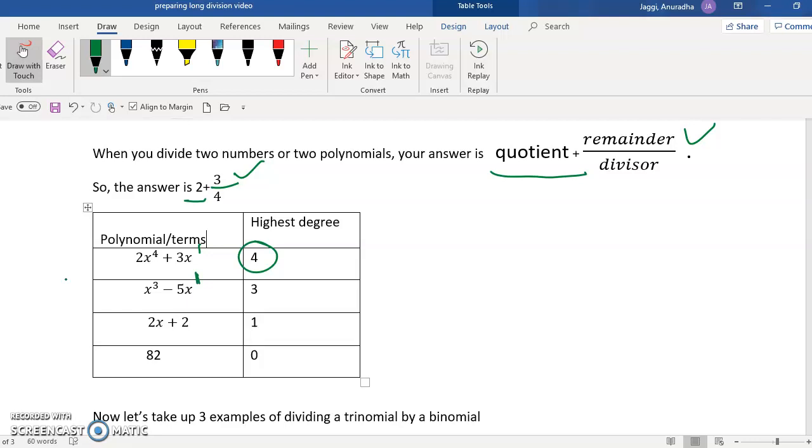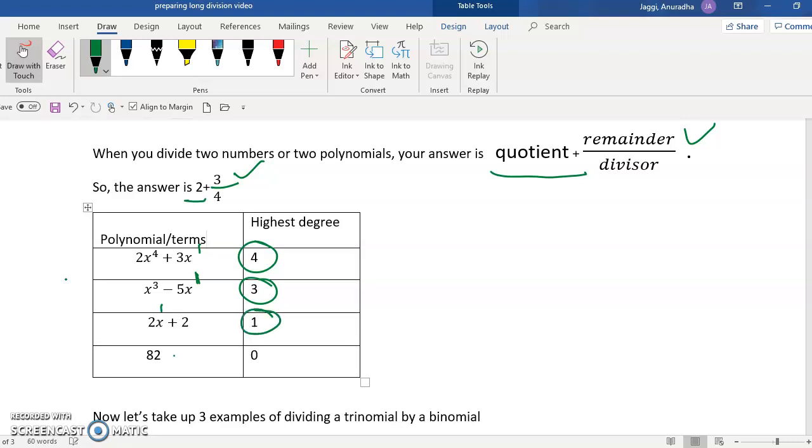Out of the two, 3 is bigger, so 3 is the degree of this polynomial. Similarly, you have here the power is 1, and if there is no variable given, like 2, the power is 0. So between 1 and 0, the higher one is 1, so the degree here is 1.